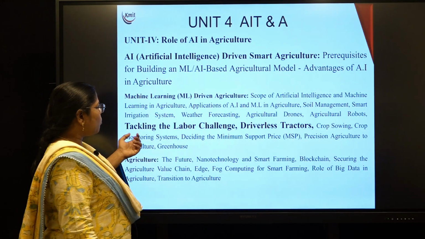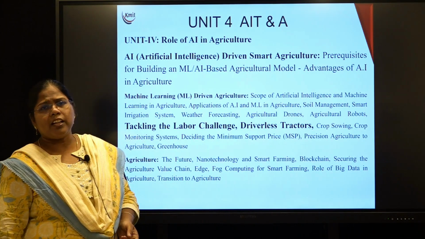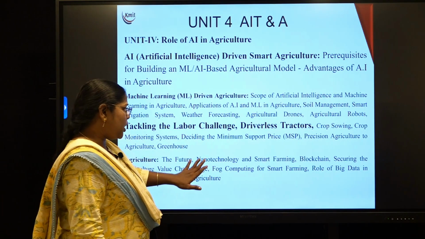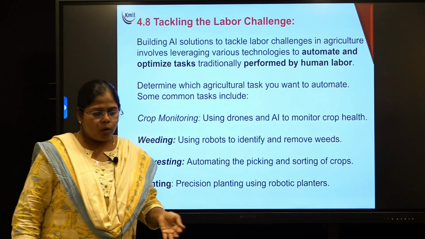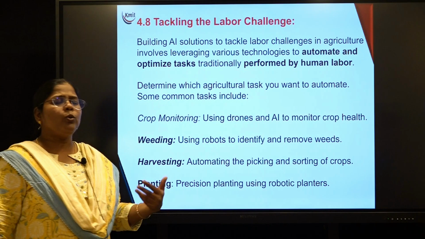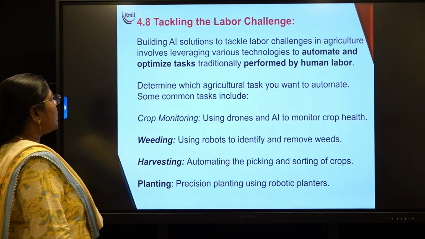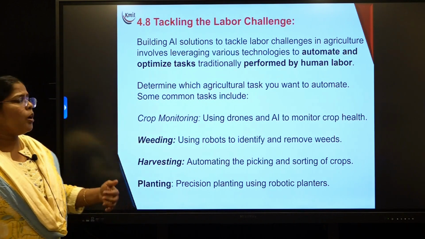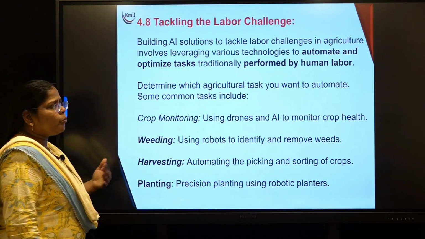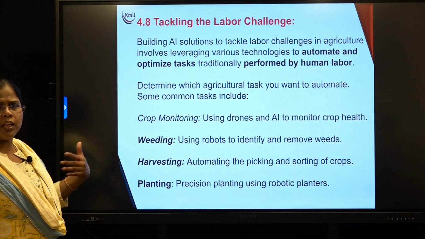So today we are going to see how to tackle the labor challenges. When we are using robots and drones, we are doing automatization and reducing the labor power, so that we are improving the yield of the agriculture.